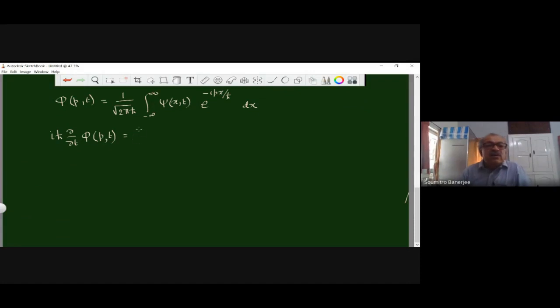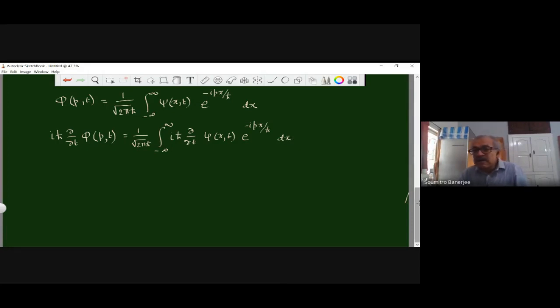In the right hand side, I'll bring the 1 by root 2 pi h cross up front, and then it will be the integral from minus infinity to infinity of i h cross multiplied by del del t of psi of x, t, e to the power minus i p x by h cross.